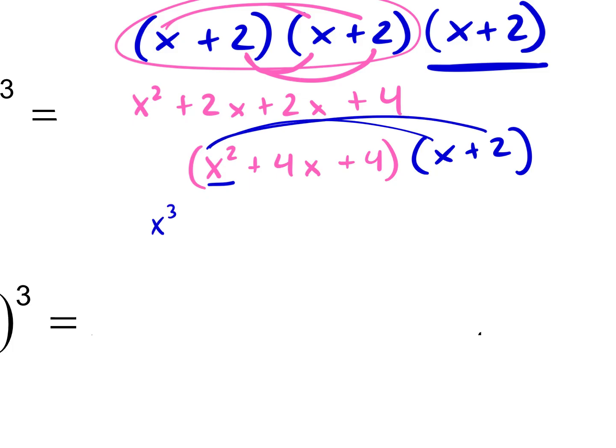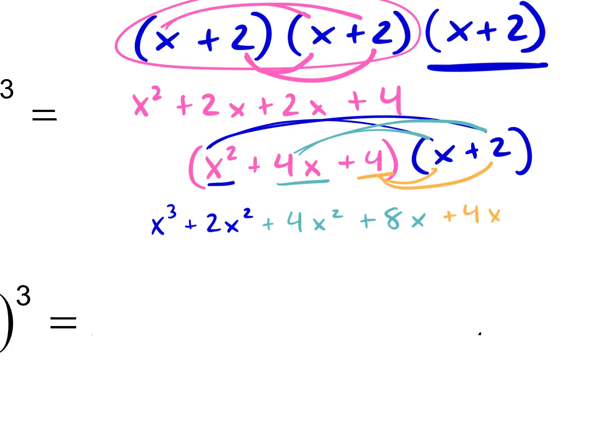What's x squared times 2? 2x squared. Then moving on to the next term, we've got 4x. 4x times x? 4x squared. 4x times 2? 8x. And then moving on to 4. 4 times x? 4x. And 4 times 2? 8.